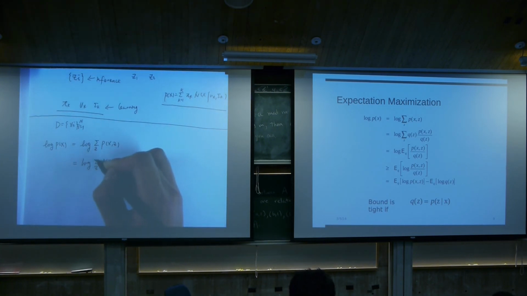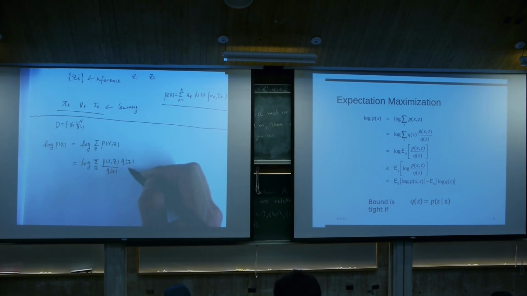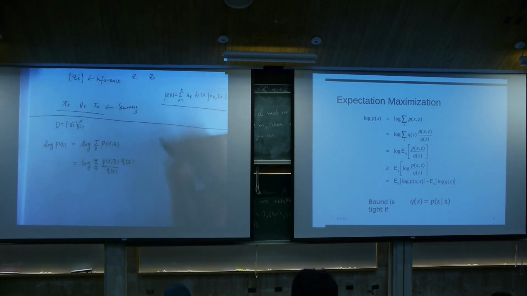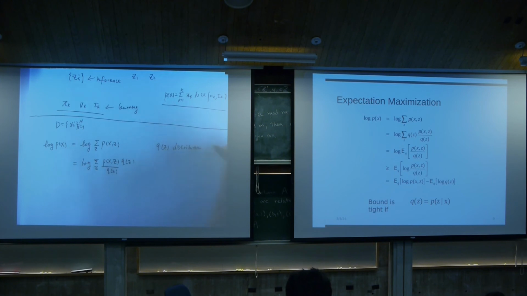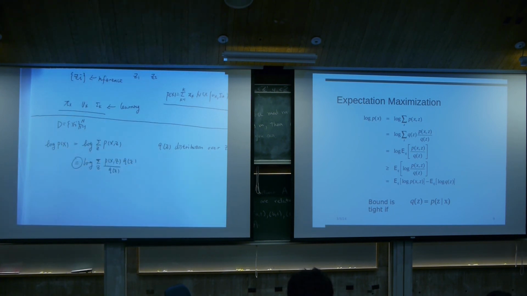And q(z) is, by the way, a distribution over z. It could be any distribution you want: uniform, Gaussian, or some unknown distribution. And this equality holds for all possible choices of q(z).